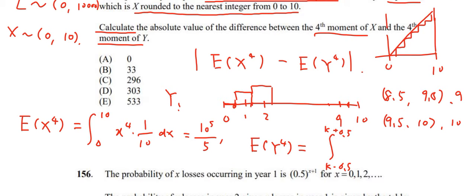Then this y equals k, so y to the 4 equals k to the 4. And this probability is uniform, so 1/10 dx.